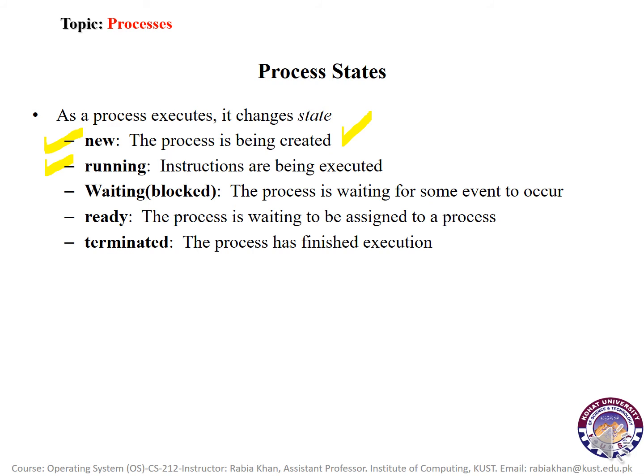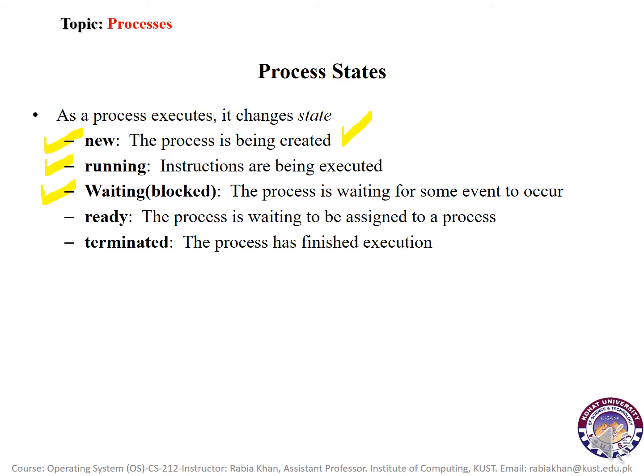After running, there can be some waiting state, or some point in your process when the process requires a response from the user. For example, some input statement has been encountered in the running process. There the process will have to wait for the user to give it some input. Until you give it input, it will not proceed ahead.